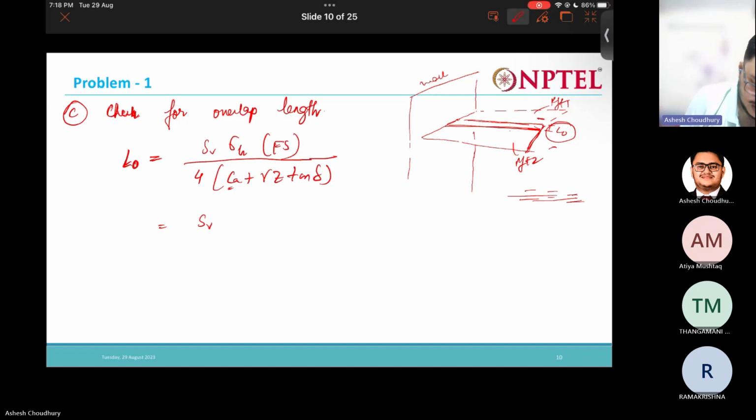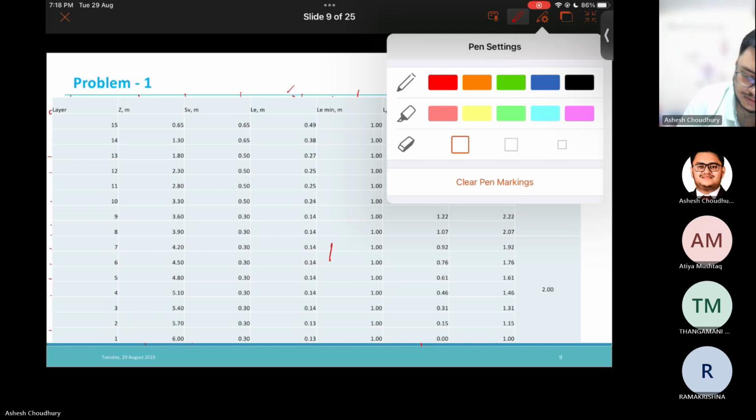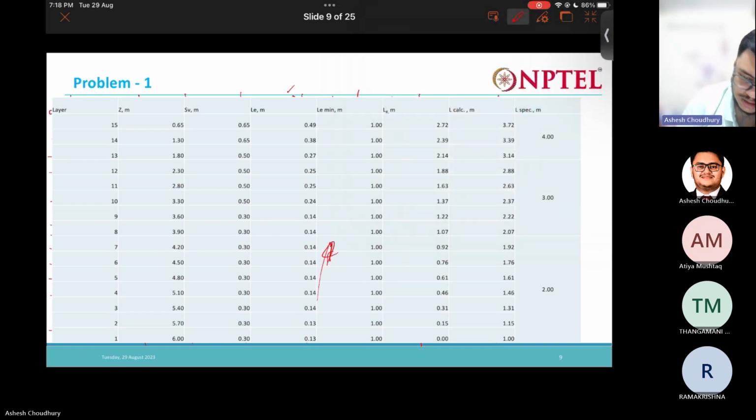So SV into 4 into 0.68 into (Z plus 2.6) into 1.4 tan 0 plus 18 into Z. Correct?